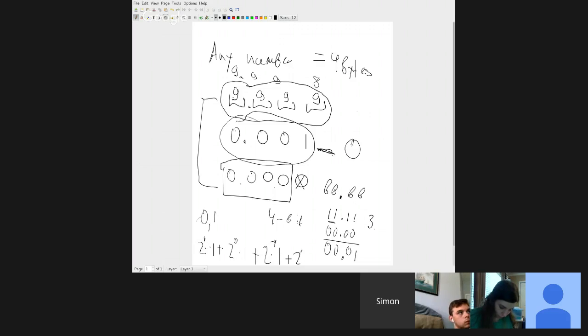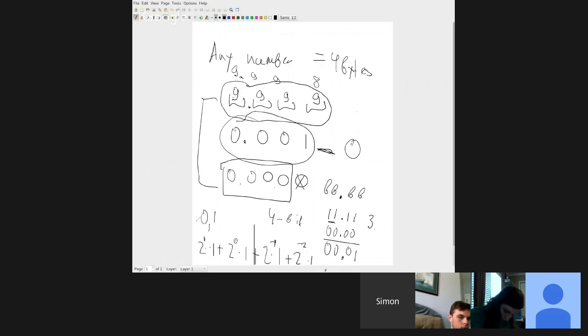And plus 2 raised to the power of negative 2 multiplied by another 1, which is this one. So now you just want to add up everything together. The first part to the left of this line gives us number 3, okay, 2 plus 1.